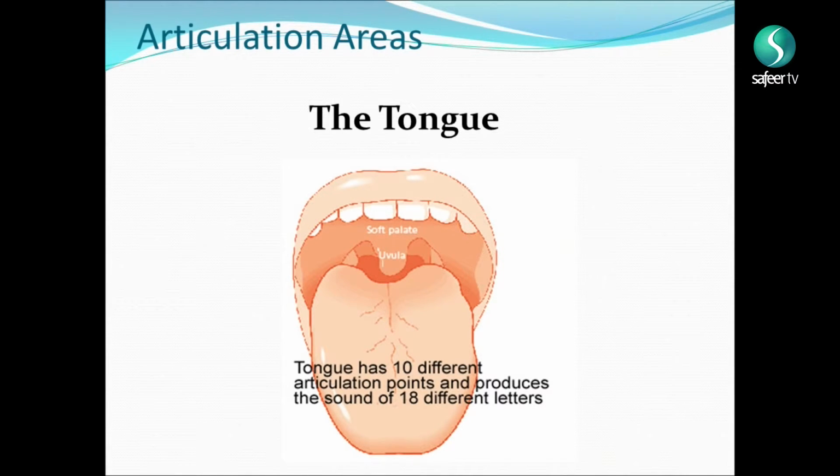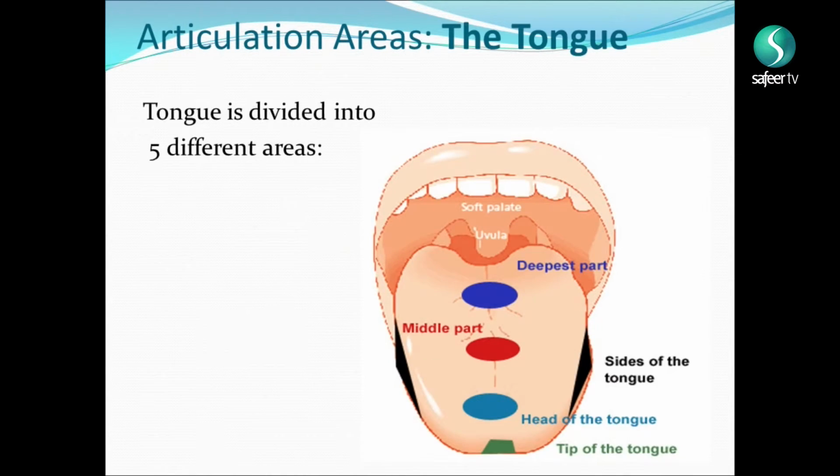Inshallah we will focus and we will find these letters. We will explain, inshallah. We go to the articulation points of the tongue, and starting, as you see in the next slide, the tongue is divided into 5 different areas. The areas you will see in different colors.